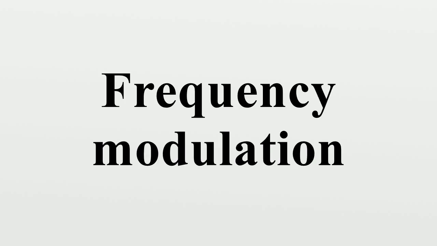Frequency modulation can be classified as narrowband if the change in the carrier frequency is about the same as the signal frequency, or as wideband if the change in the carrier frequency is much higher than the signal frequency.